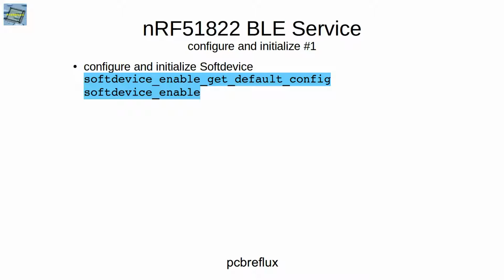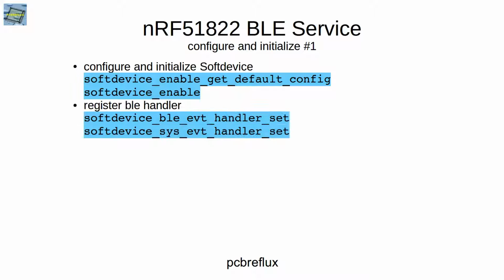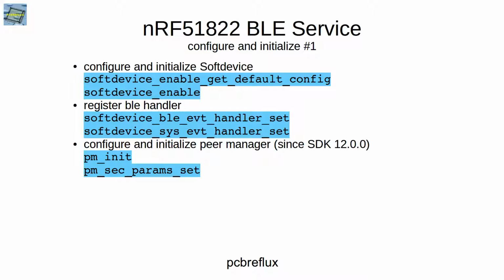Let's continue with the code blocks. We first configure and initialize the soft device with the soft device enable functions. Then we register our Bluetooth low energy handler with the soft device handler settings. Then we configure and initialize the peer manager, since SDK number 12, with the PM functions.